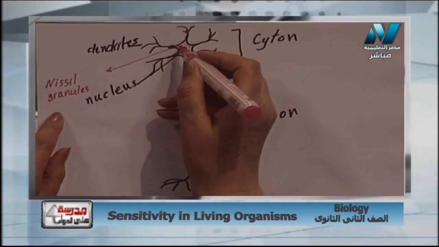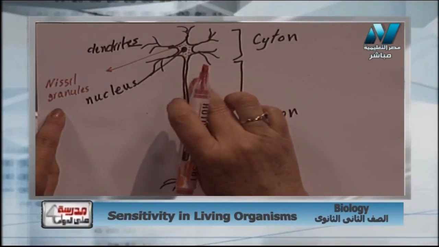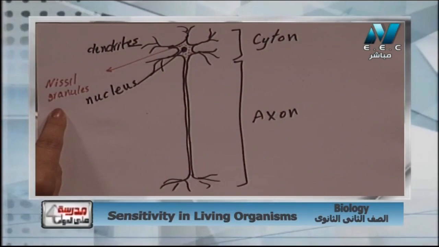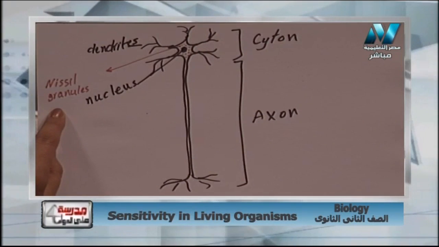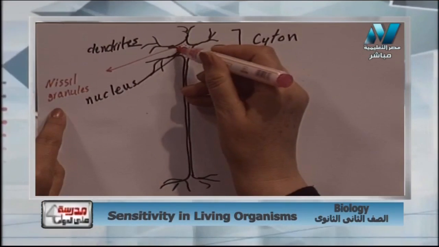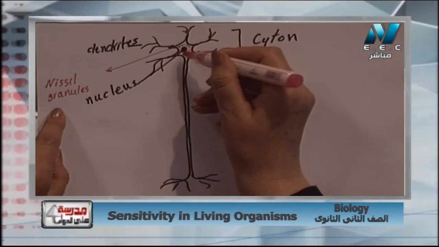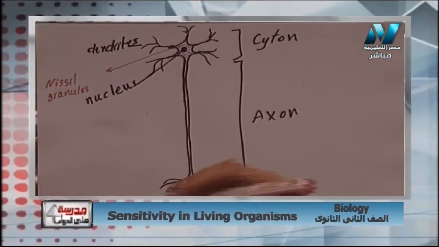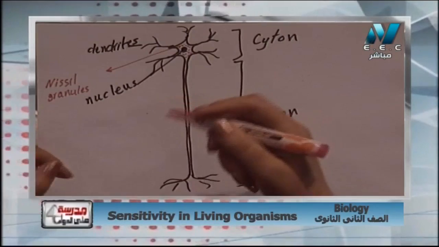The Nissl granules are said to be the stored food because the nerve cell needs high energy during its action, so it contains a great number of Nissl granules. And Nissl granules are consumed during action. When the individual is working or under certain tension, the Nissl granules are consumed.